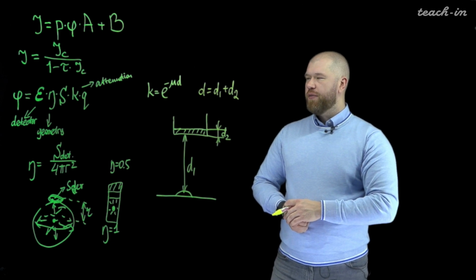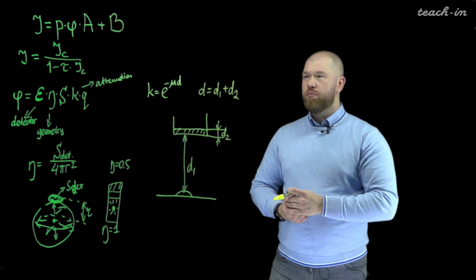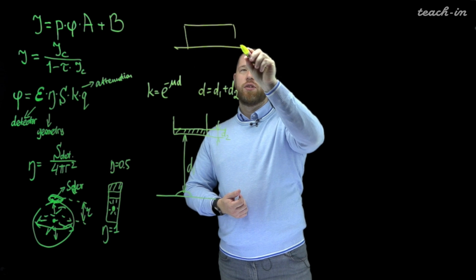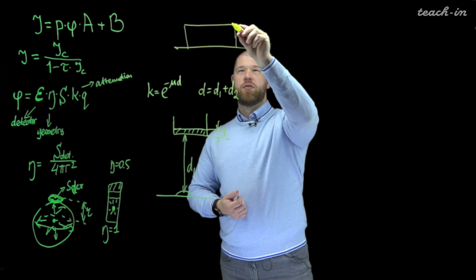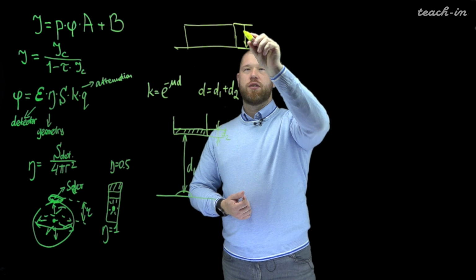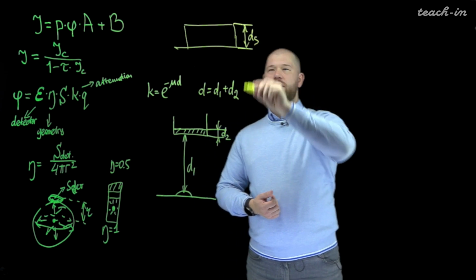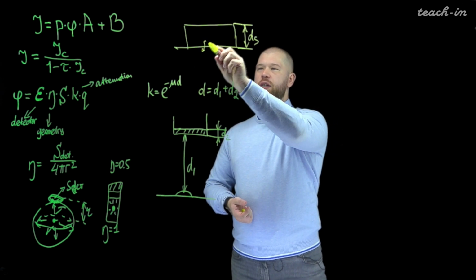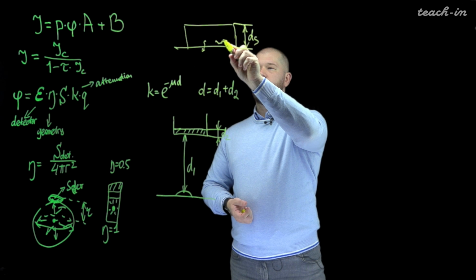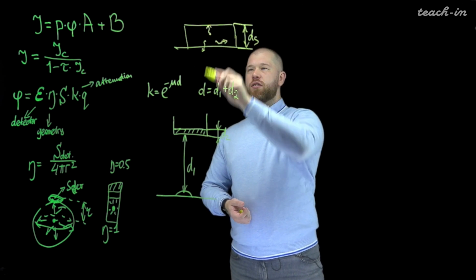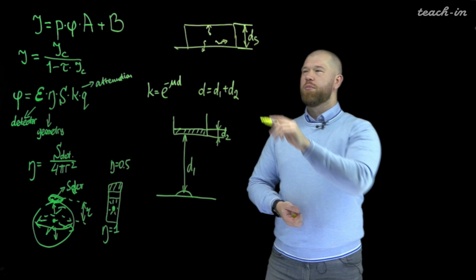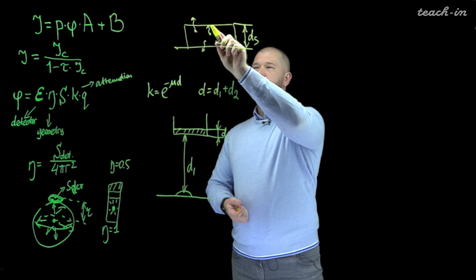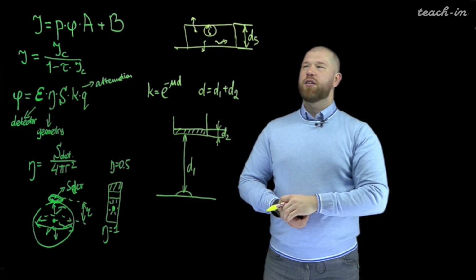Then, if we have a fixed sample, for example, this is a fixed sample. The thickness, let's call it ds. That means that part of the radiation that is released inside the sample will not go to the detector, but will be absorbed inside the material.